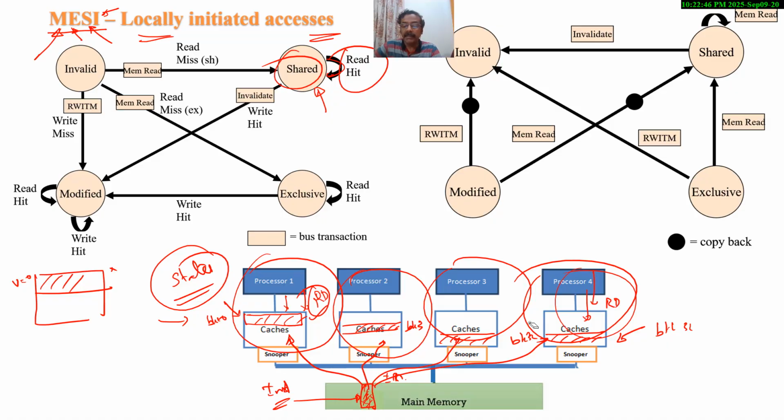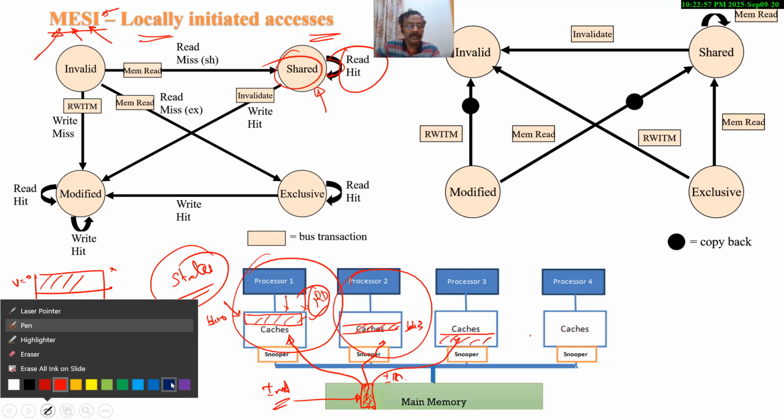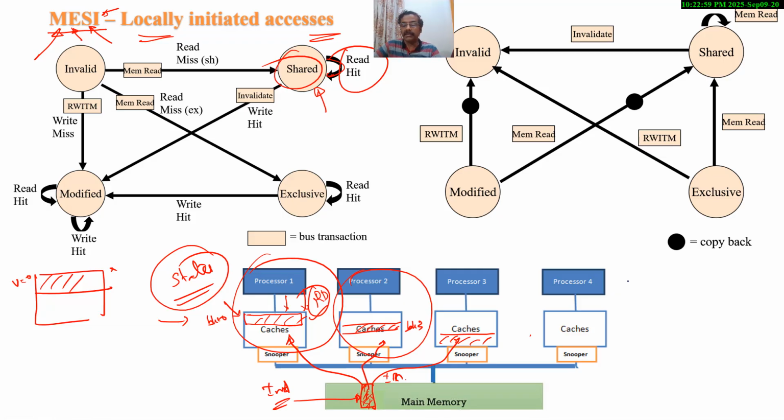So let me show an example, a scenario wherein this block is not there in this cache. Let me give a scenario wherein the same code is trying to be accessed by this processor, but it is not available in the cache. Same instruction is required for this processor also, but it is not there in the cache.